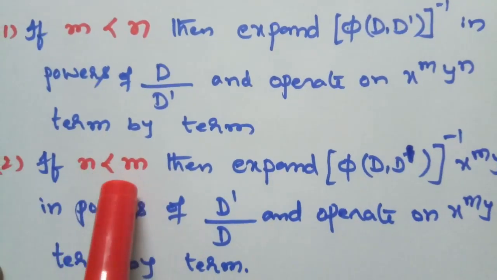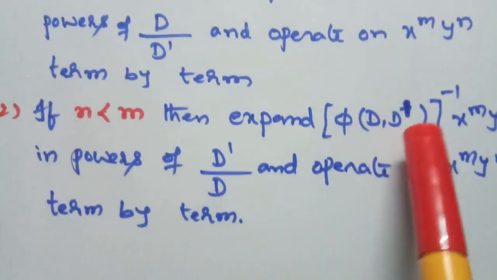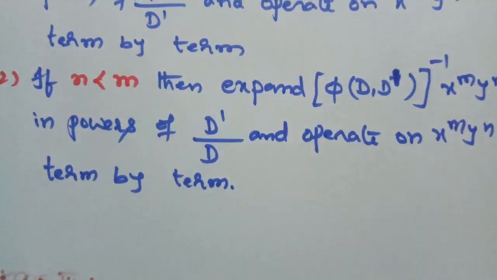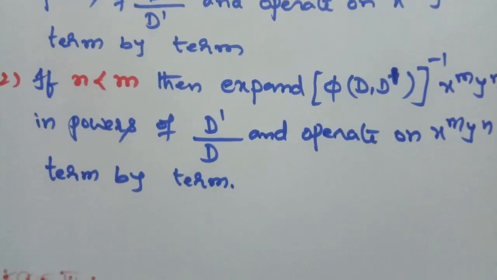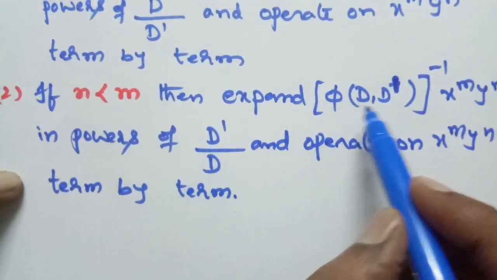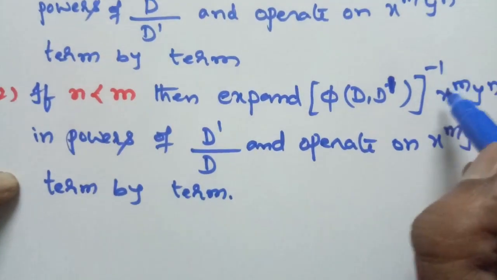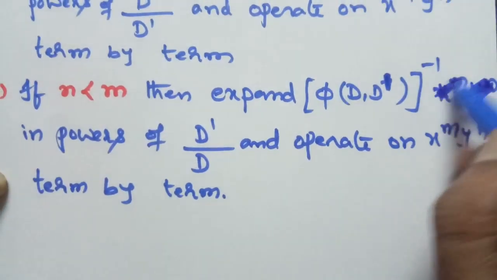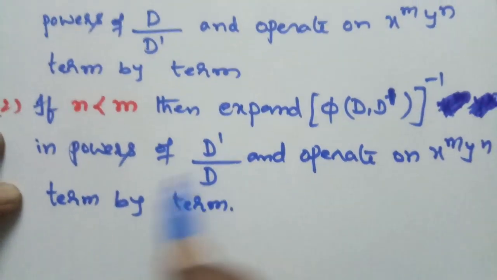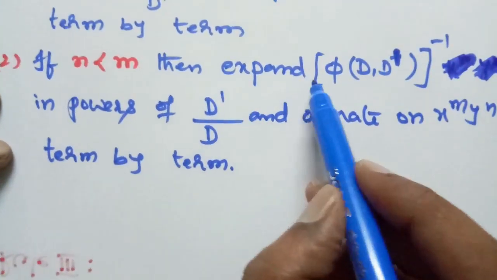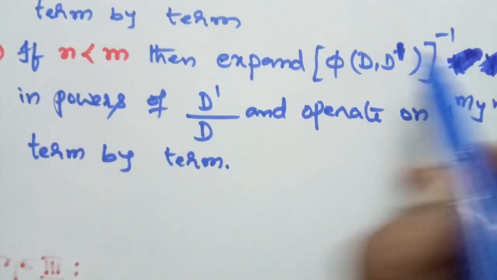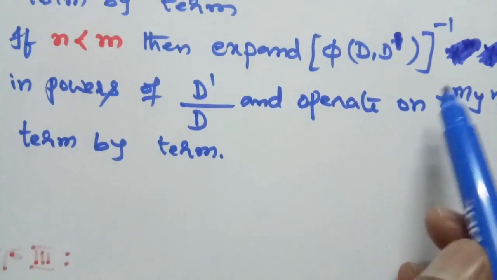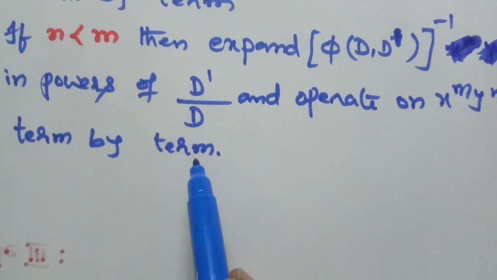So if n is less than m, then expand phi of D, D dash whole to the power of minus 1 in powers of D dash by D and operate onto x power m into y power n term by term.